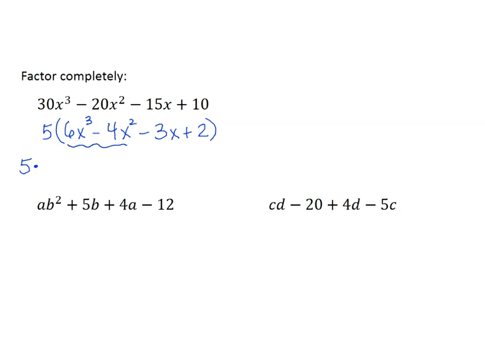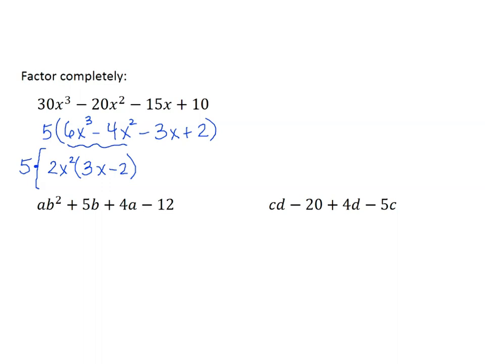So here I can take out a 2x squared, and I'll be left with 3x minus 2, right? Because if I do 6 divided by 2, that gives me 3. If I do x cubed divided by x squared, I'm left with just an x. And here I'm dividing this by 2x squared, so I'm just left with the 2.